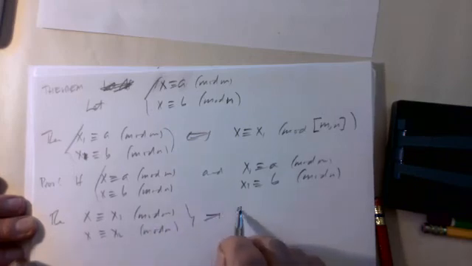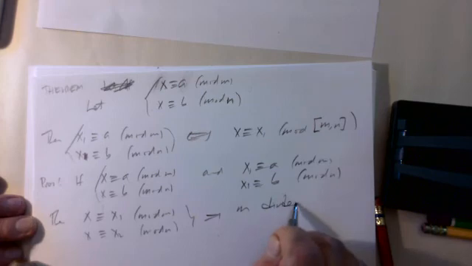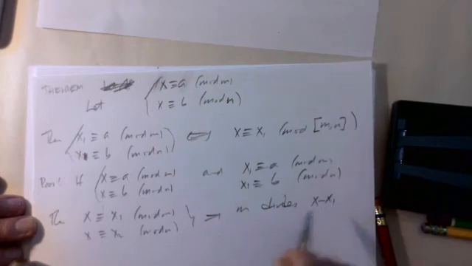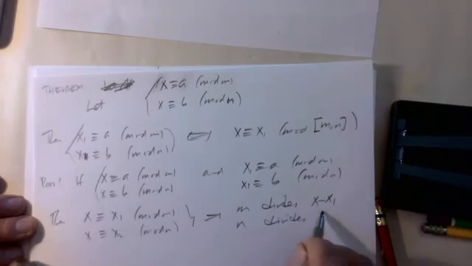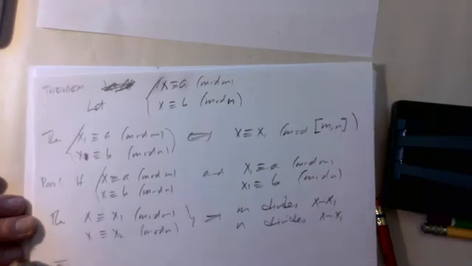This means that m divides x minus x1 and n divides x minus x1.